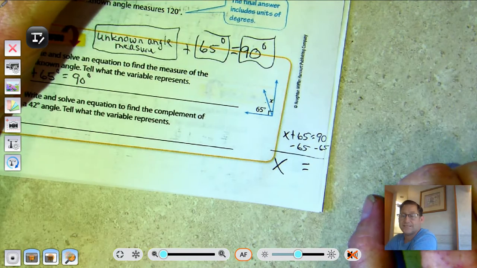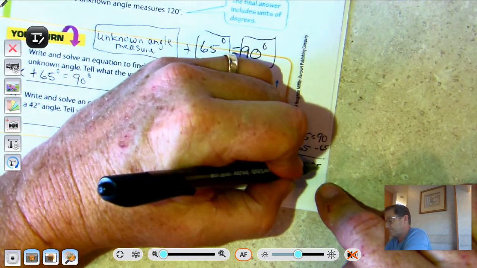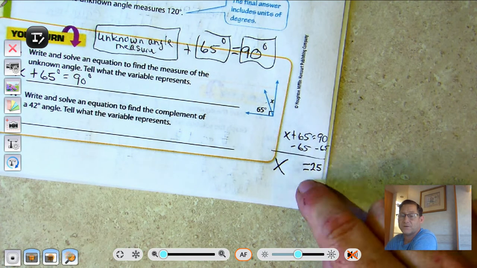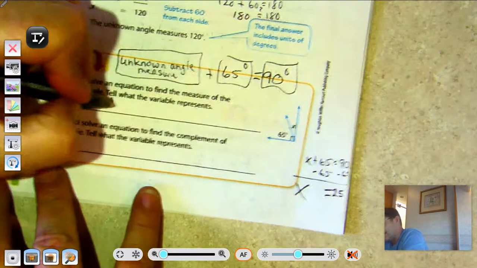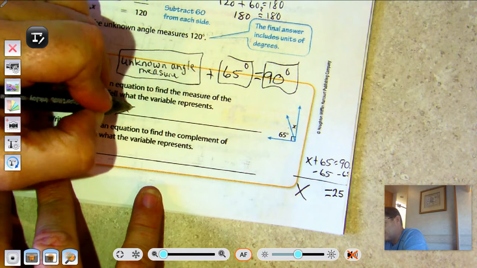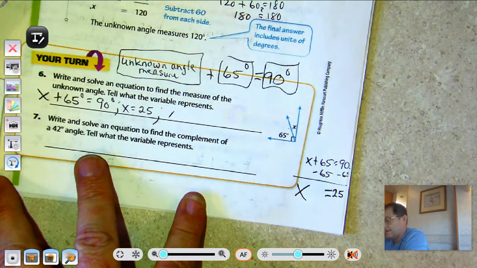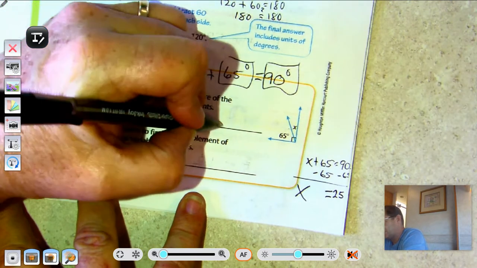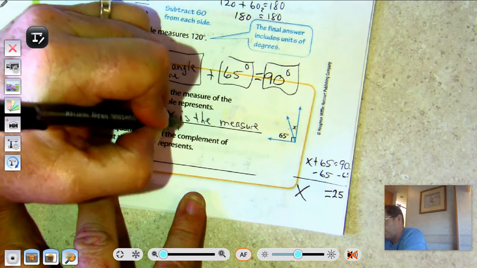And 90 take away 65 is 25. Okay, 60 and 20 is 80, and 5 and 5 would be 10, so 90. So we're saying x equals 25, and x is the measure of the unknown angle.